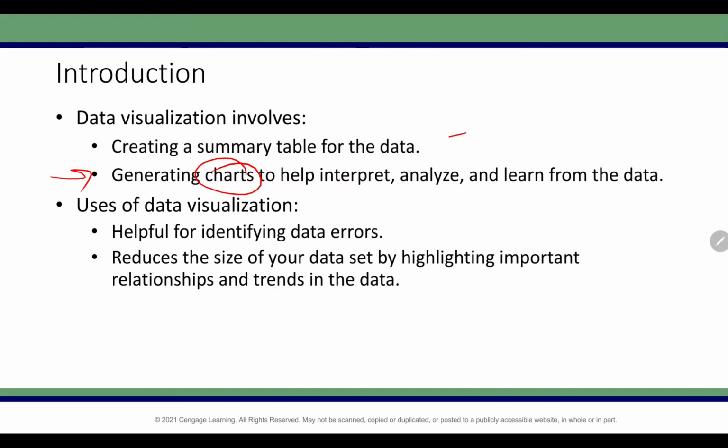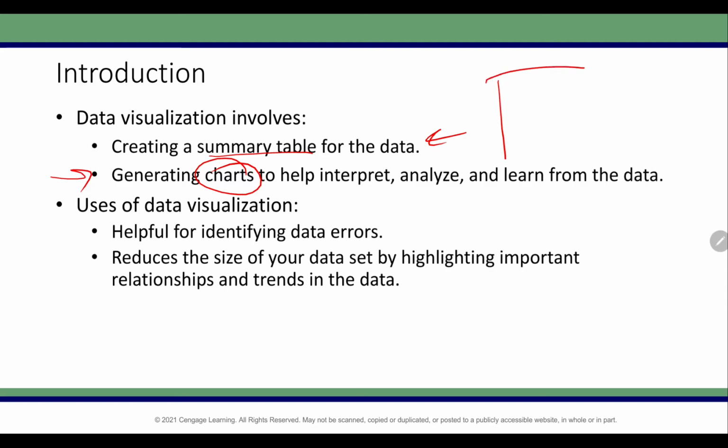This top one might not be that obvious, but basically when you create a summary table, you're aggregating your data, which might be quite large. So by aggregating or summarizing your data and creating a table out of it, you are able to get the general and overall view of your data, okay, get an understanding of your data. And that's the purpose of visualization, actually. That's what we do in visualization as well.